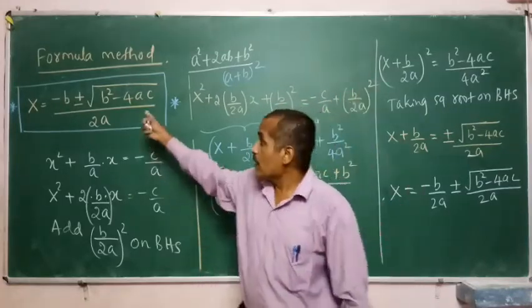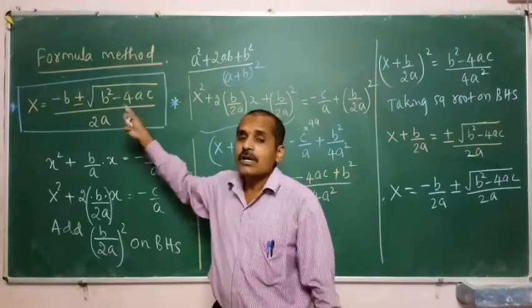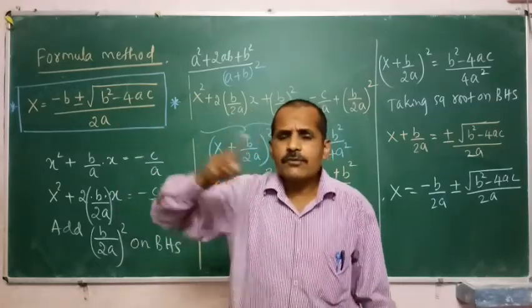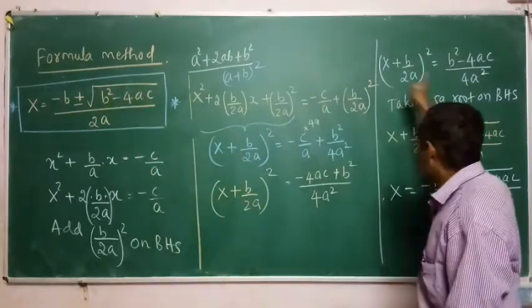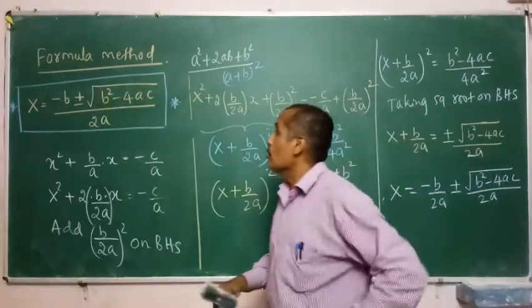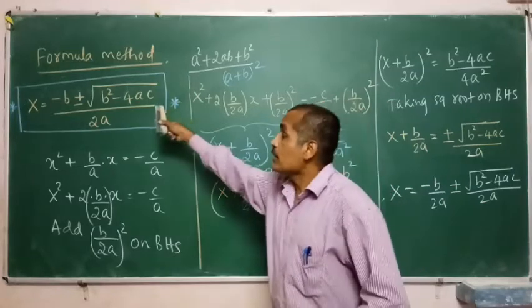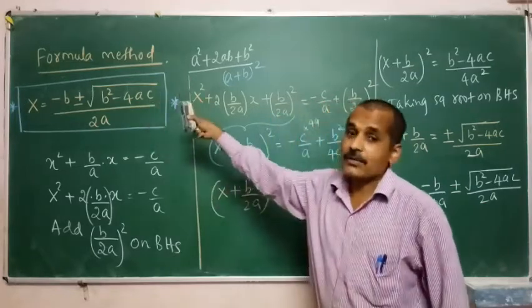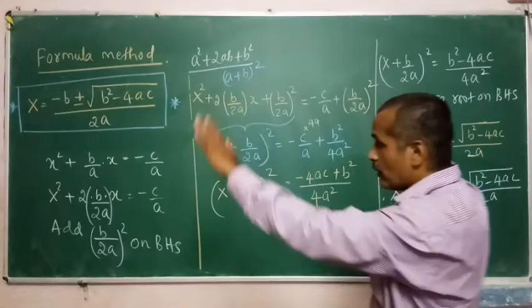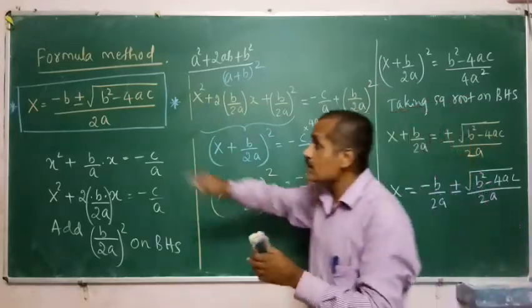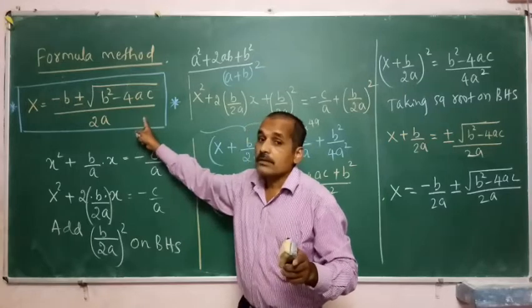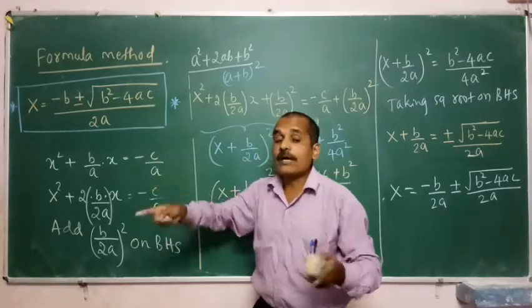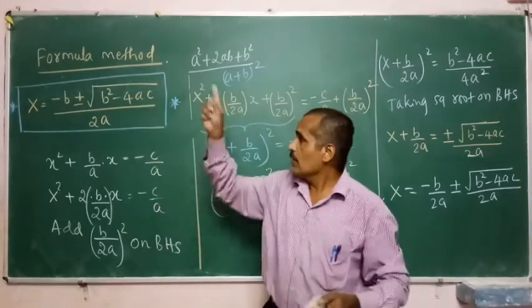If I had given you this formula directly, definitely you would get a doubt about where this formula has come from. So I have solved this entirely so that you will come to know how this formula has arrived. Now you can write all these things and note this formula. Using this formula, how to find out the roots, I will explain after this.